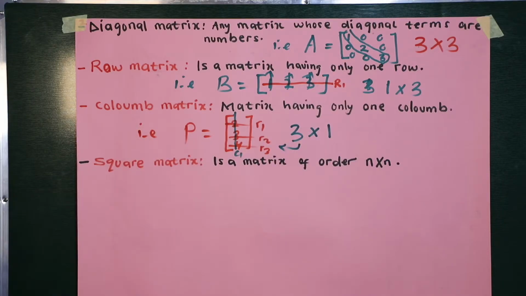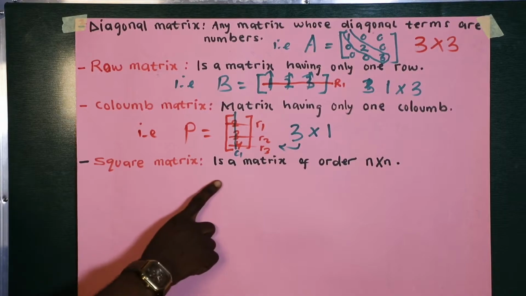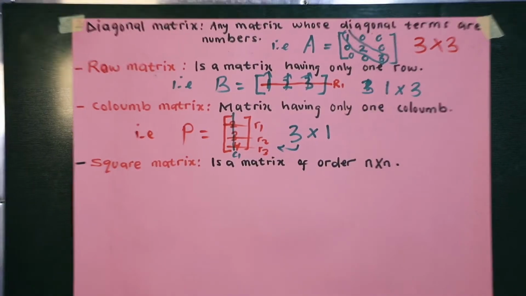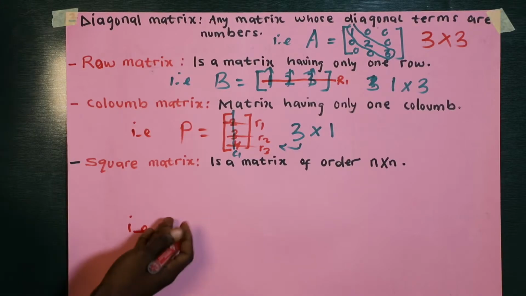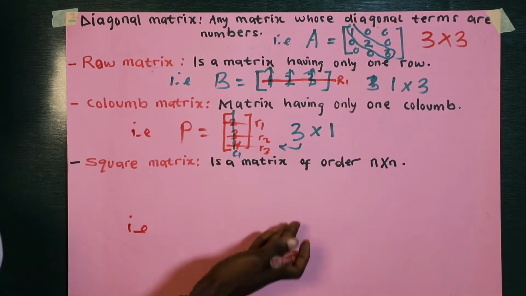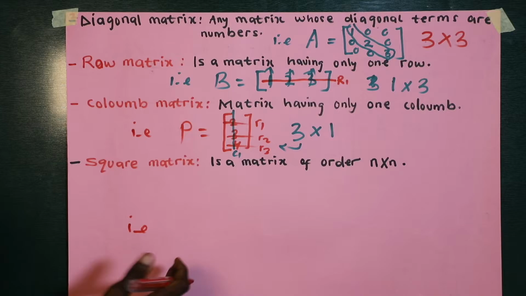We have the square matrix. A square matrix is a matrix of order n by n, i.e., the number of rows is equal to the number of columns. This is what we refer to as a square matrix.